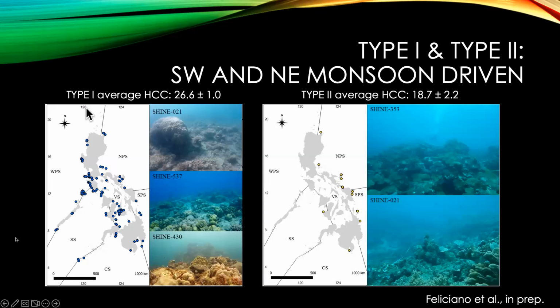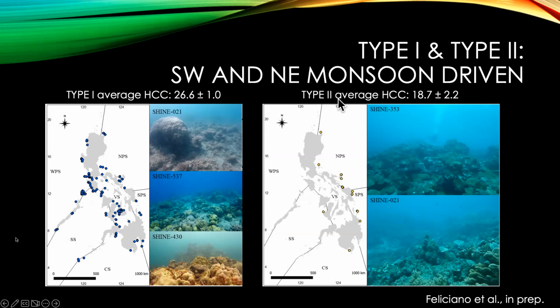Type 1, which generally are in well-developed reefs, malalaki, matatandang reef. Usually, yung part ng reef na nakaharap sa habagat is where you will get type 1. And notice the average for a type 1 reef is slightly above national average.